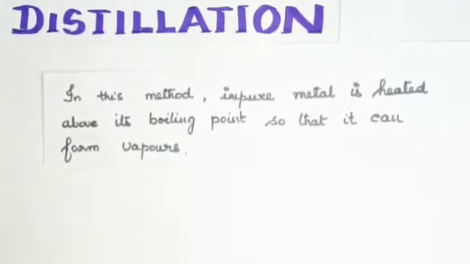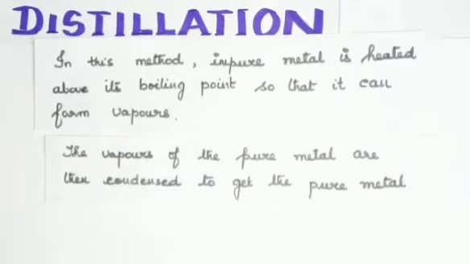In this method, impure metal is heated above its boiling point so that it can form vapors. Vapors means it gets evaporated. The vapors of the pure metal are then condensed to get the pure metal.